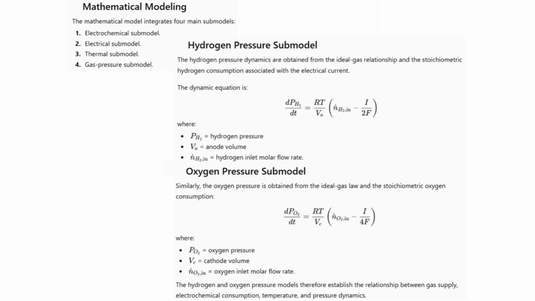Another important component is the pressure submodel. In this case, hydrogen and oxygen pressures are calculated using the ideal gas law while accounting for the stoichiometric consumption associated with the current. Once these models are established, they are implemented in SIMULINK.